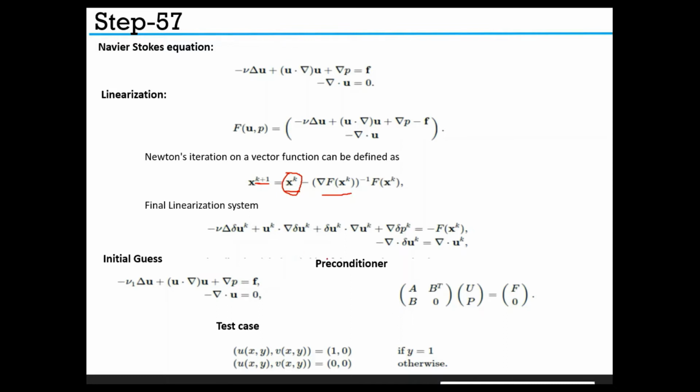So here the uk and the pk are the solution from the previous iteration.